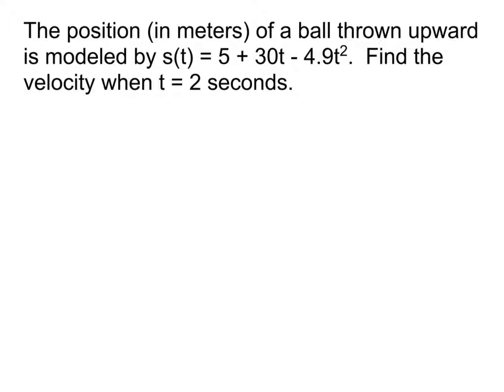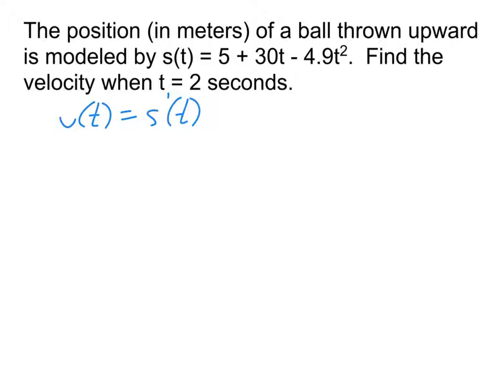So what you're having to do here is figure out what S prime of t is, or more specifically S prime of 2. So we're going to figure out what v of t is, and v of t is going to equal S prime of t.